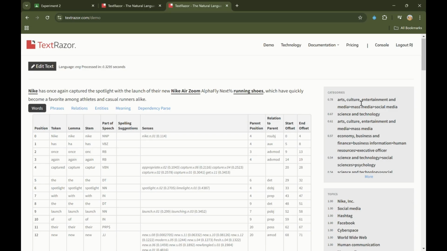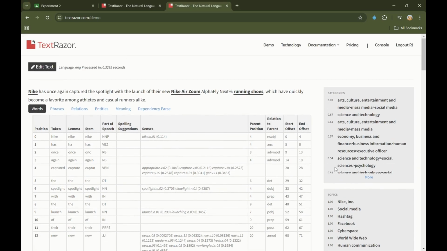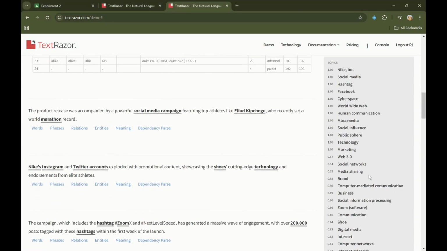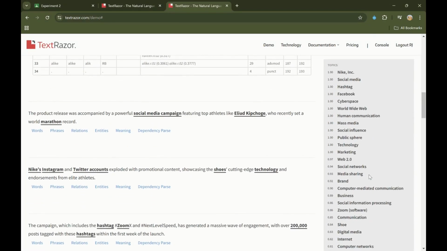From the text that we have given, it predicts that it has a 0.78 probability of it being an art, cultural, or entertainment media text, or also a science or technology related text. Moving down, we see particular topics that are allotted to the text, like it is for Nike as in the company.